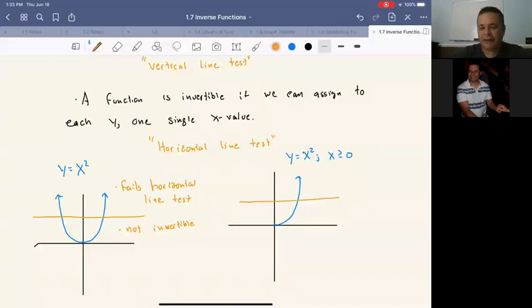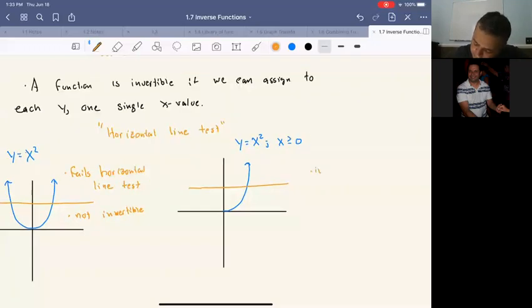This is invertible. And it has an inverse. I'll explain how to get it in a minute. The inverse is y equals square root of x.